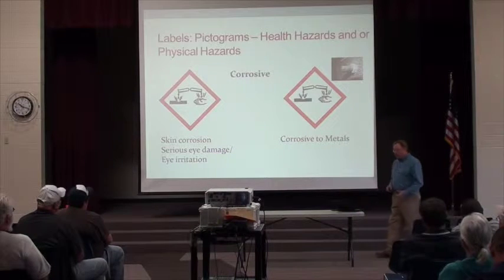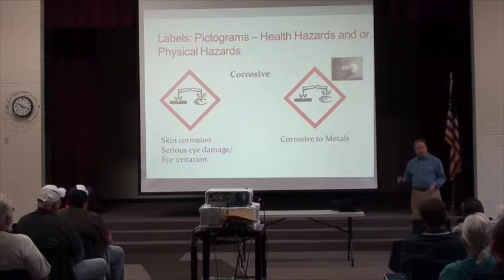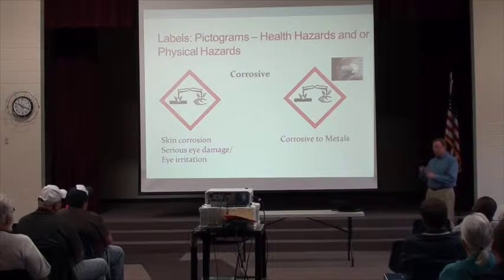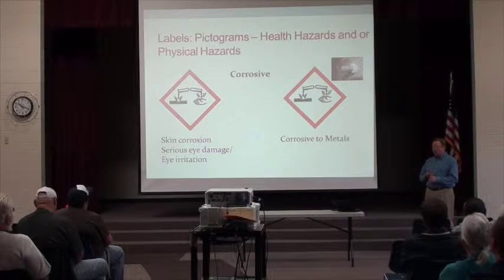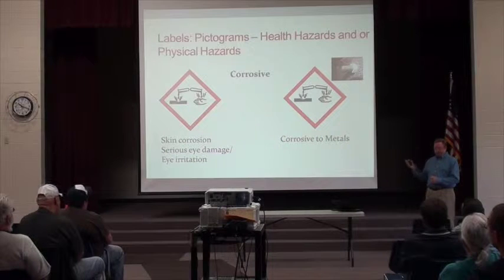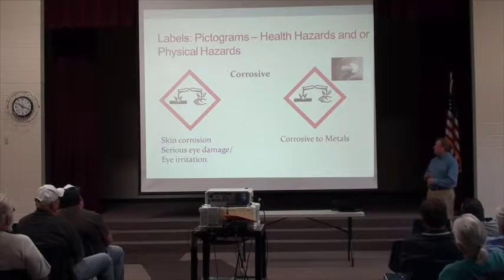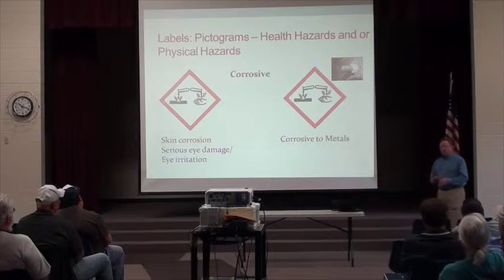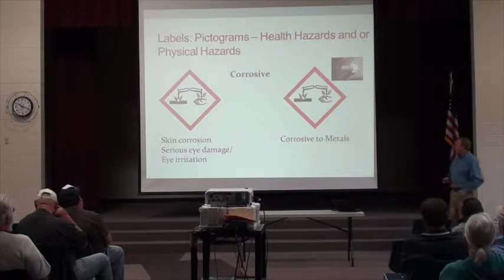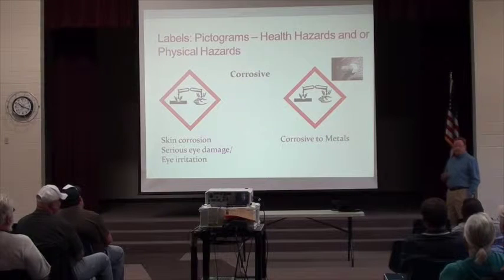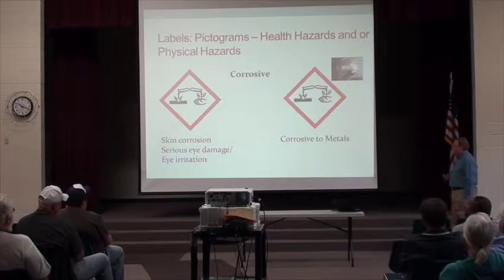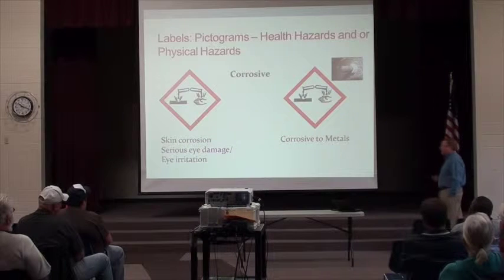I told you there was a pictogram that had both health and physical. Not always, but in most cases, common bleach will have this pictogram on it. And you've probably already seen this. They've been using this for a while. It has a health hazard because of skin corrosion, serious injury, eye irritation.